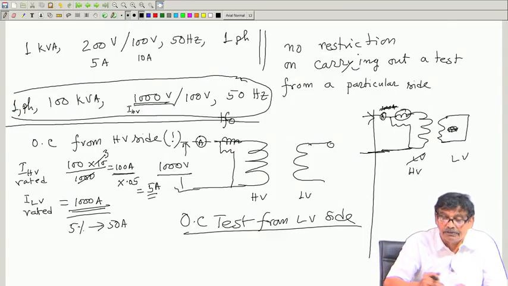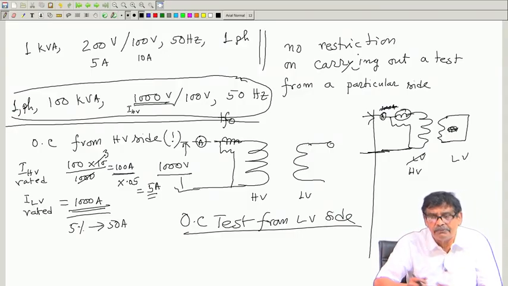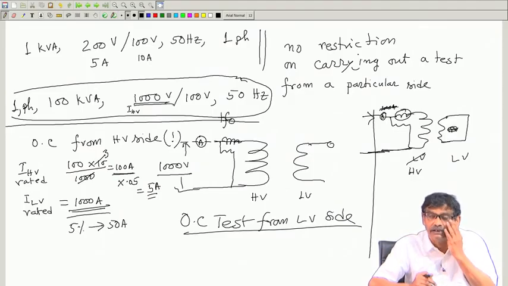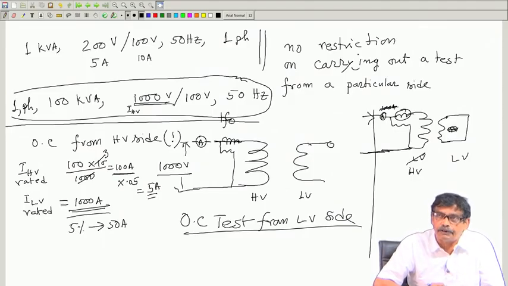Referring to a particular side, you have to do a little bit of transformation, either of that parameter or this parameter, depending upon from which side you want to draw the equivalent circuit of a transformer.